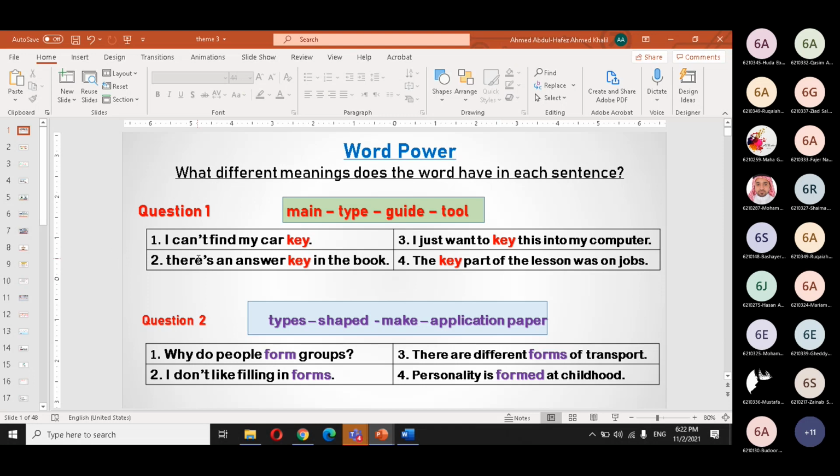This is 1, 2, 3, and 4. Read the sentences, try to figure out what the word key means in each sentence. You can choose from these meanings in the box.